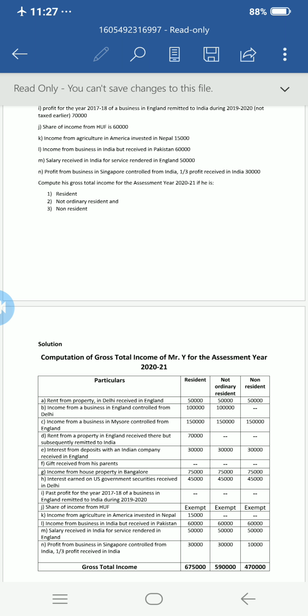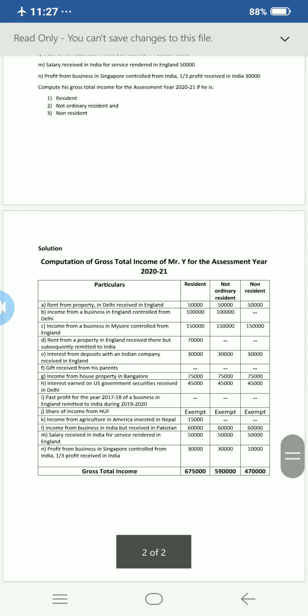Okay, so dear students, we put the taxability on the basis of the rules to find out the gross total income. So resident, not ordinary resident and non-resident. So add all these, each column.